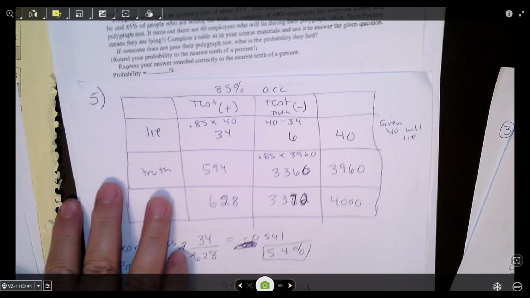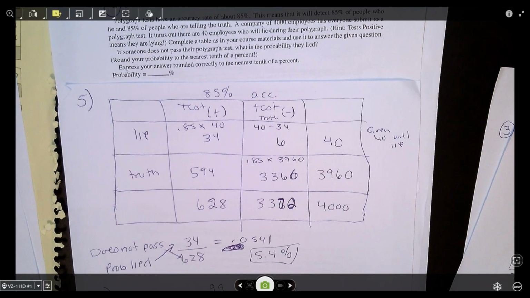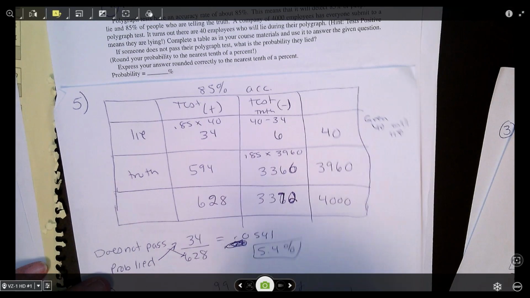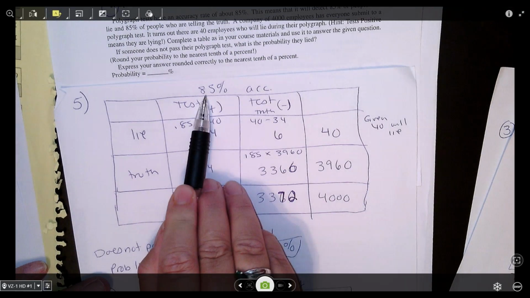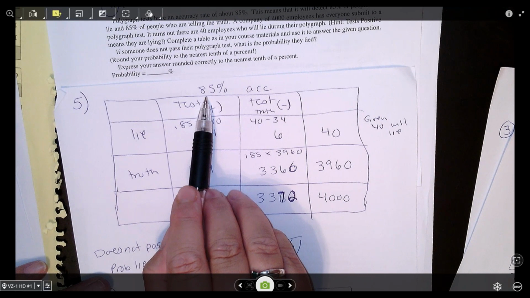Okay, number 5. Like I said, I'm just going to put it up here because we've got to get one more section in. But you can go back and look at it slowly. This said the polygraph test is 85% accurate. It detects 85% of the people who lie and 85% that tell the truth.